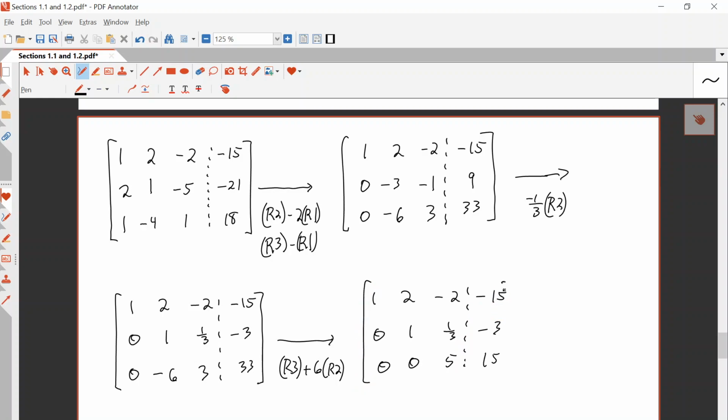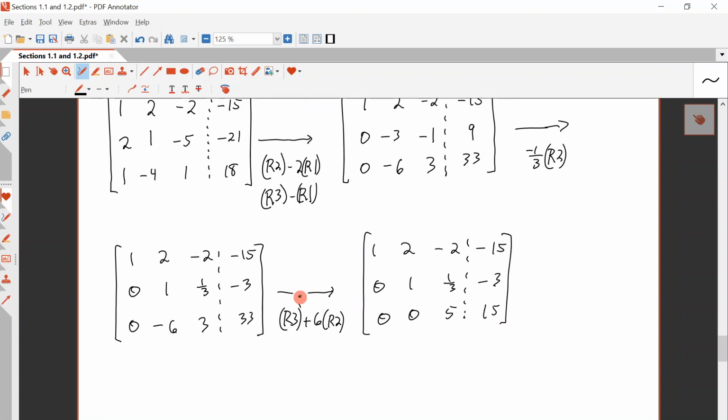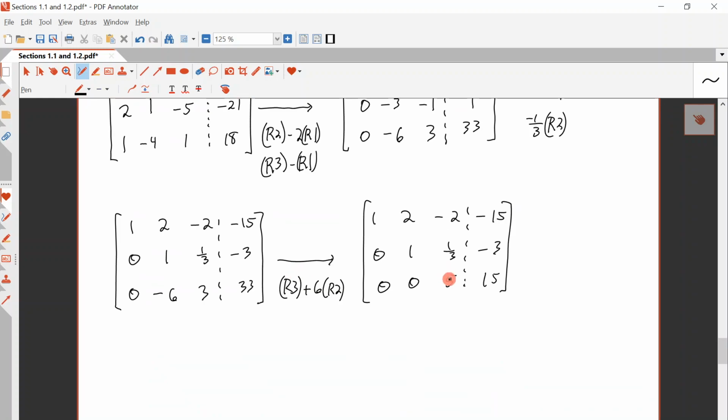Now, this is where we stopped last time. But let's keep going. Let's put a 1 right there. It's nice to have that leading coefficient be a 1. So I'm going to do row 3 multiplied by 1/5.